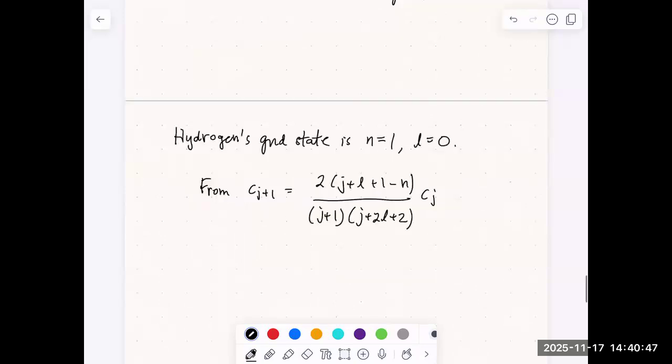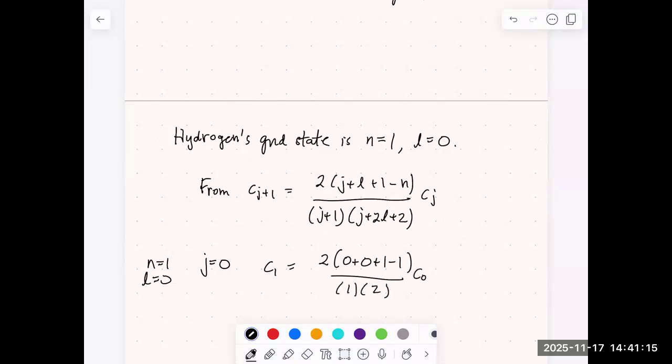All right, so let's try j equals 0, n equals 1, L equals 0. So C1 is going to be equal to 2 times (0 plus 0 plus 1 minus 1), which is 0 in the numerator. The denominator doesn't really matter, but we get (1)(1 plus 2) times C0.